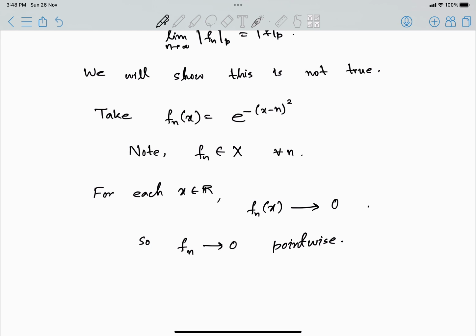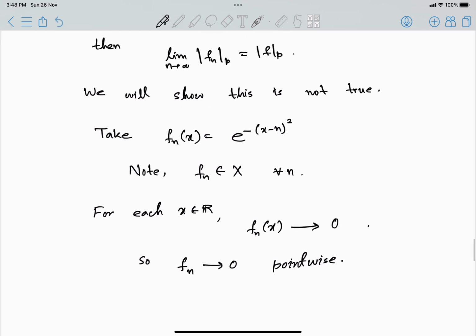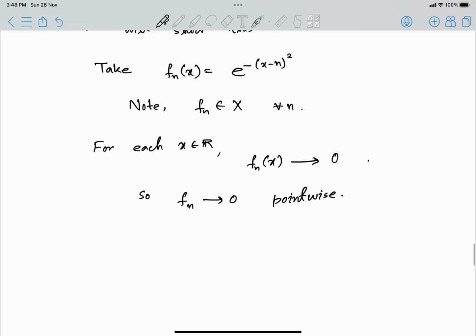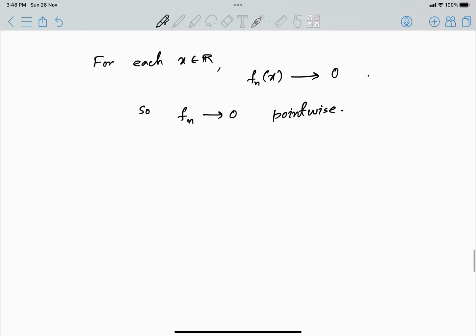Now you have to check whether it converges in this norm or not. So you have to calculate. Let's first calculate this one. It is the integral over R of f_n(x)^p dx.